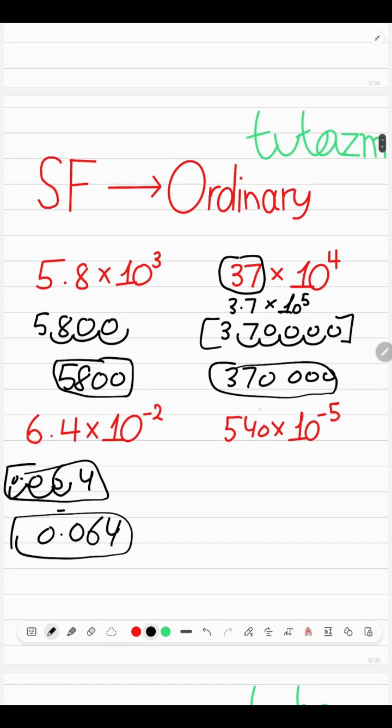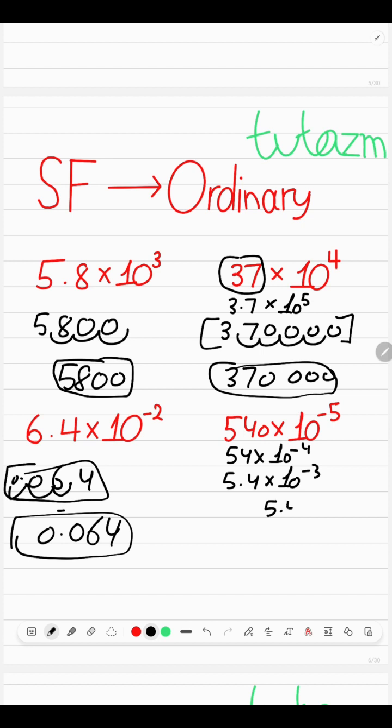In this case, we've got 540 times 10 to the minus 5. Again, we cannot have that because 540 is greater than 10. So we turn that into 54 times 10 to the minus 4 in this case, because you're multiplying it by 10. And then 5.4 times 10 to the minus 3.